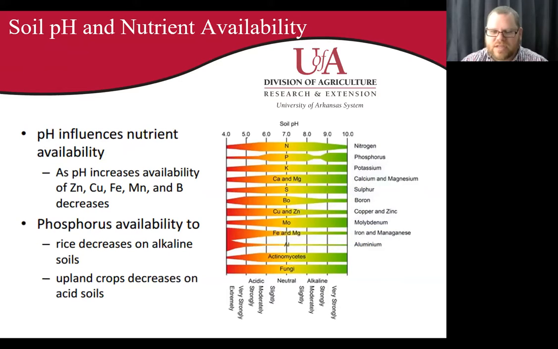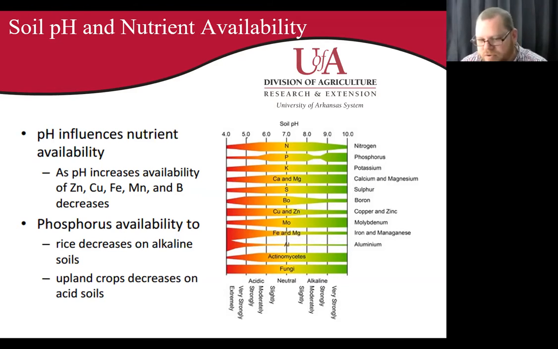You'll see the chart on the right many times in extension presentations, and it's a really good chart that talks about availability of a nutrient in relation to soil pH. If you look, between 5 and 7 is where most of our pHs occur, and our soil nutrients are pretty available in there. Probably the most available, if we were to lump all the nutrients together, is between a 6 and a 7.